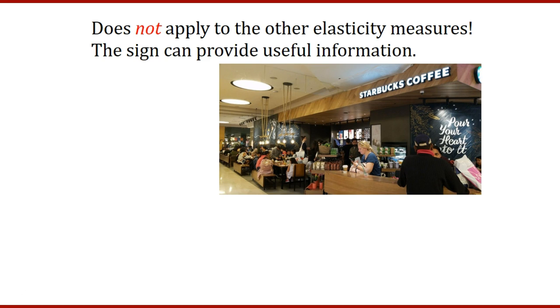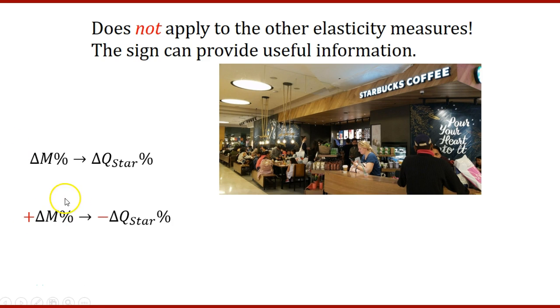What if we were thinking about income elasticity of demand? Let's take the example of Starbucks. So here we're interested in what happens to the quantity demanded of Starbucks coffees due to a change in consumers' incomes. Well, it's entirely possible, for example, in Australia, that an increase in consumers' incomes leads to a decrease in the quantity demanded of Starbucks.